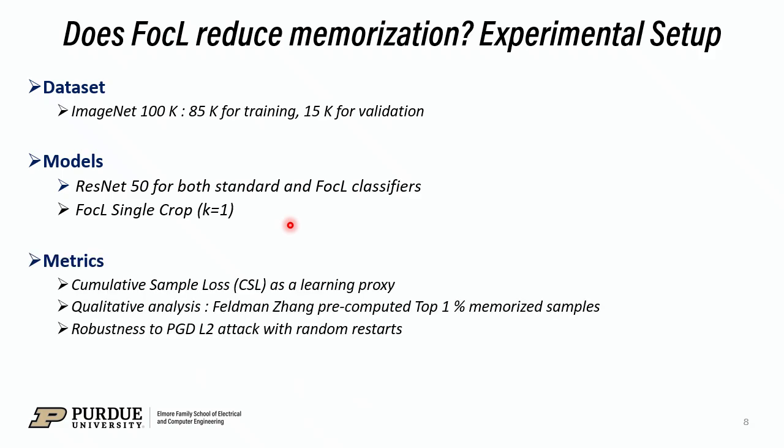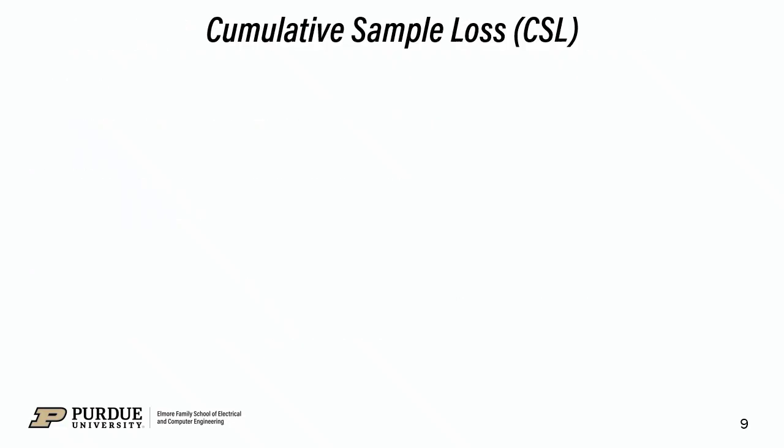And again, as mentioned earlier, these are the 3 kinds of experiments that we're going to perform to show whether FocL reduces memorization or not. So first, let's see cumulative sample loss. This is work published at ICML from our lab in the previous year.